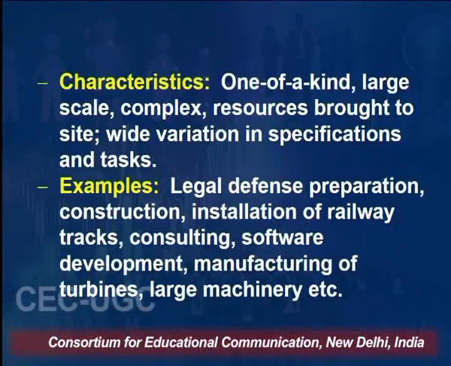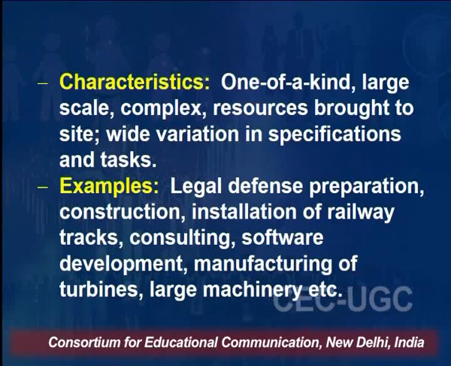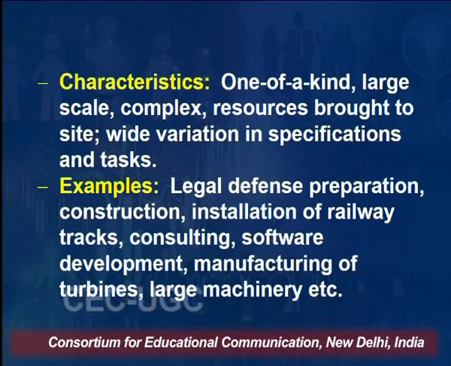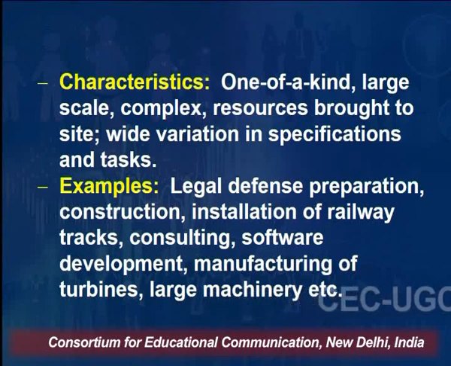So what are the other characteristics? It's again one of a kind, large scale, complex, resources brought to the site, wide variation in specifications and tasks. You can't say that a company is making a metro line. So there are different challenges.